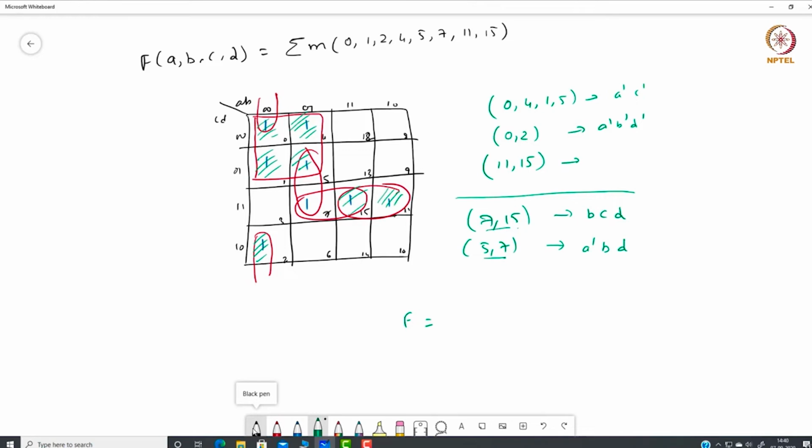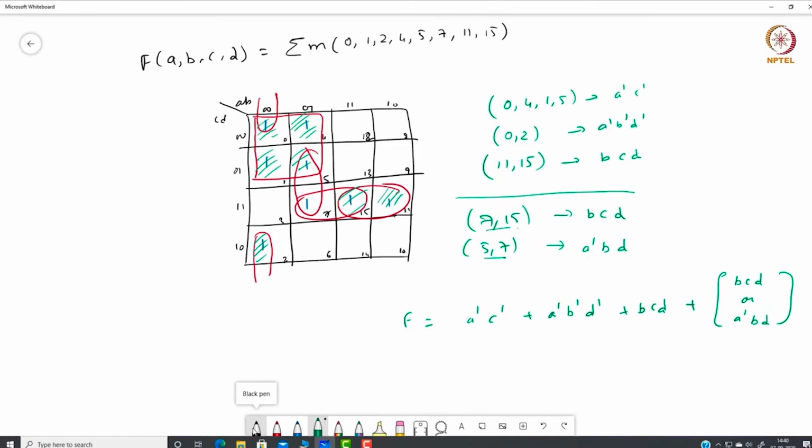Corresponding to 11 and 15 it is going to be B, C and D. So I can write this as A dash, C dash plus A dash, B dash, D dash plus B, C, D plus, if I take any of them, either I take B, C, D or I take A dash, B, D, both of them are equivalent.